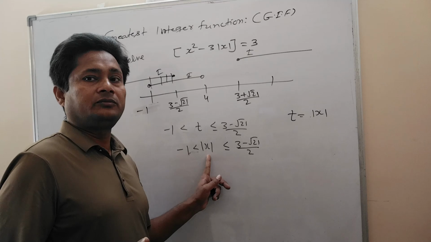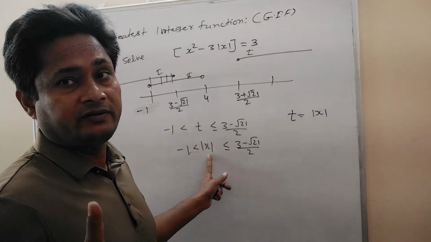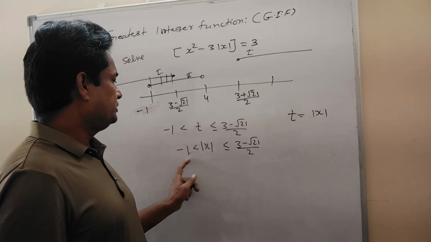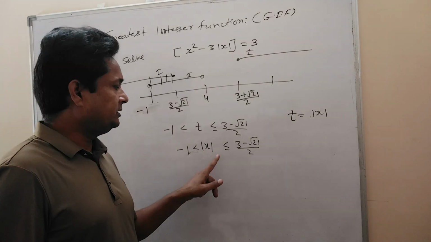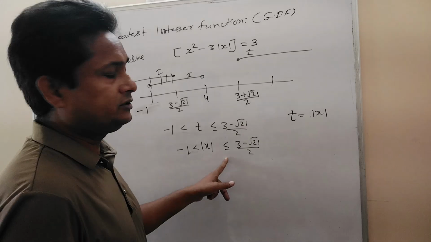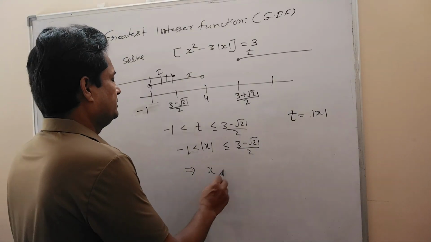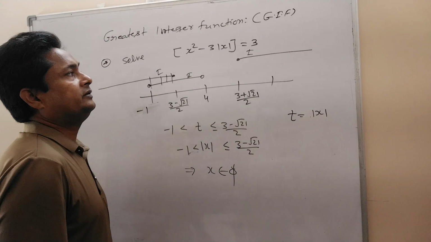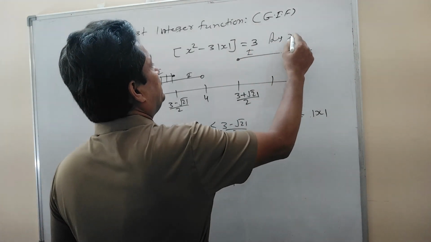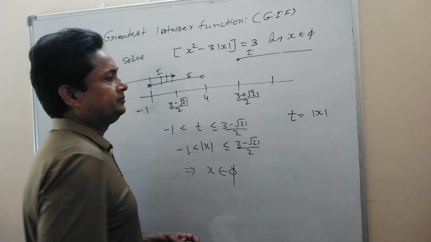We know that the modulus function can never be negative. This value is also negative, and this value is also negative. So here mod x is coming negative, so no value of x can satisfy this. So the answer for this one will be x belongs to the empty set.